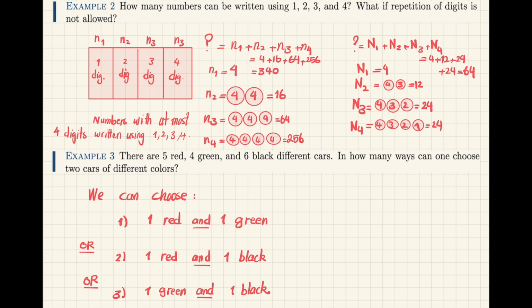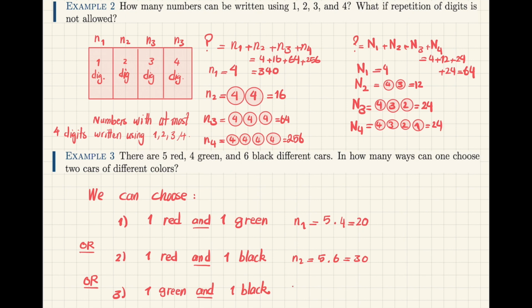But forget about these. How many options are available for the first part here? You say that I want to choose one red car and one green car. So this is a product rule. Assume that you only have red cars and green cars and I ask you to choose two cars, one red, one green. How many options are there? This becomes a product rule. So 5 multiplied by 4 is 20. In 20 ways I can choose a red car and a green car. In how many ways can I choose a red car and a black car? 30 ways.